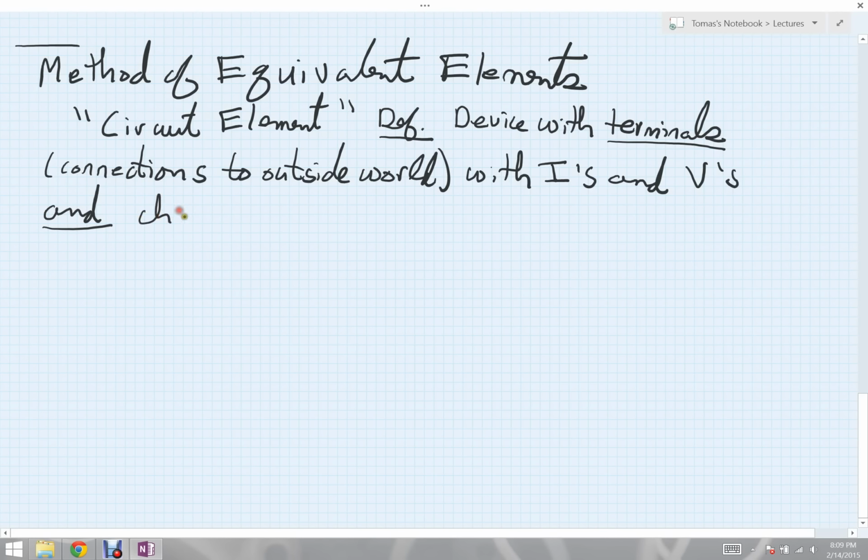So there's some characteristic that describes the circuit element. It has some signature, if you will, relation among the currents that will give you the voltages in terms of those currents. The classic example of a circuit element then is the resistor that we've just been studying.